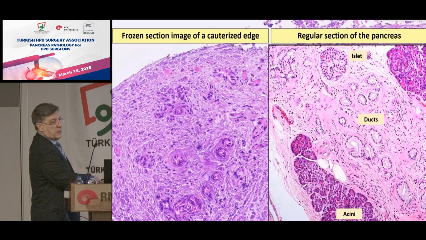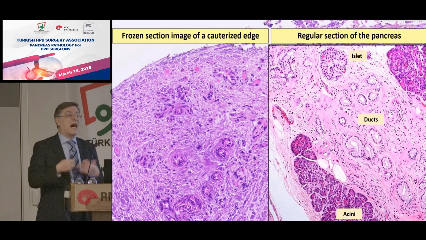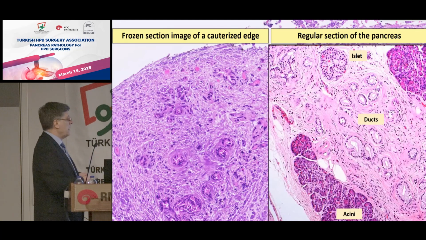All blue, purple. I don't know which one is a duct. I don't know which one is an acinus. I have no clue which one is an islet. It's all crushed, frozen, burned, and of course if you do a little bit of cautery there, it gets even worse. So yes, unfortunately false positives and false negatives are among the highest in the entire body in frozen sections of the pancreas.